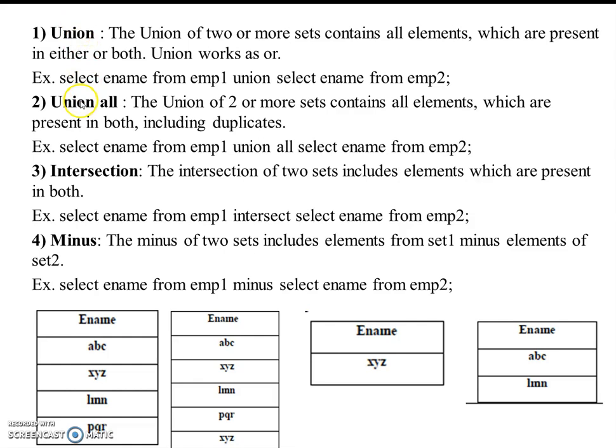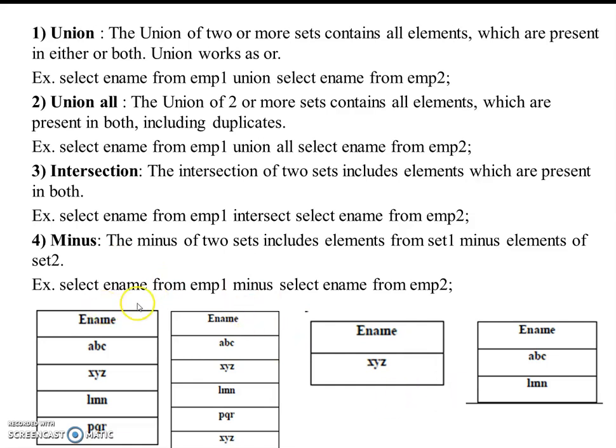So like union and union all, the next one is intersection. Intersection takes the common values between two tables. So we have table 1 as employee 1 and table 2 as employee 2. Then the common values available in both employee 1 and employee 2 are displayed using the intersection operator. After intersection, the next one is the minus operator. The use of the minus operator is to take values from only one side.